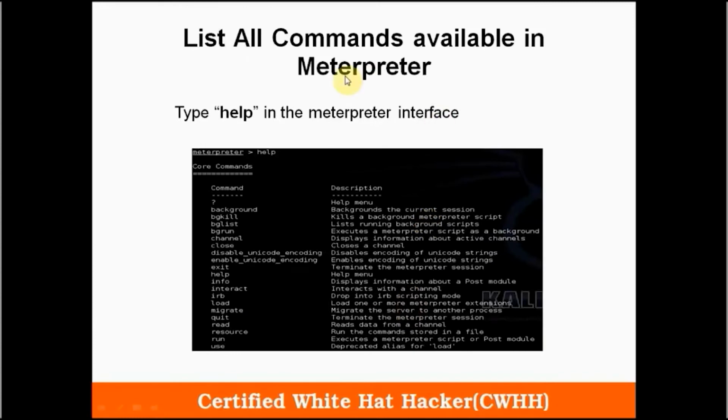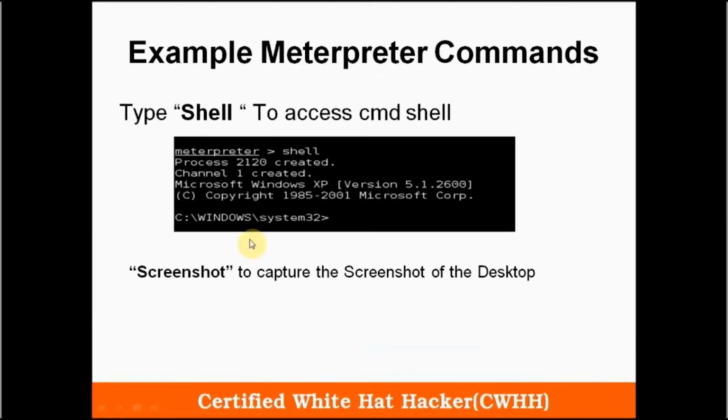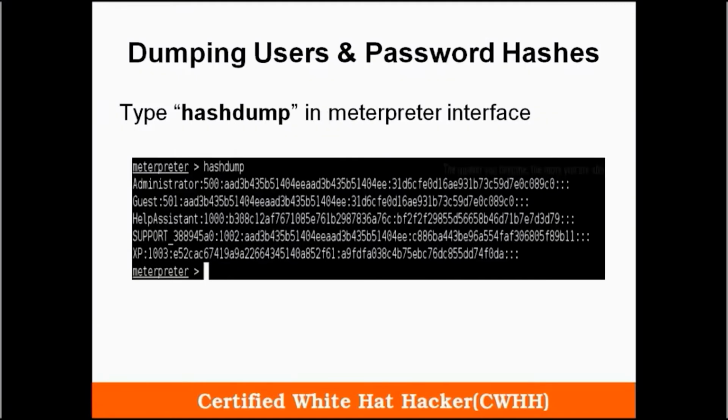So you can list all the commands available for Meterpreter by just typing help in the Meterpreter interface, and you can see all the options over here. And you can type the shell command in order to access the CMD shell, and screenshot in order to take a screenshot of the computer, and you can type hashdump in order to dump the password hashes of that computer.